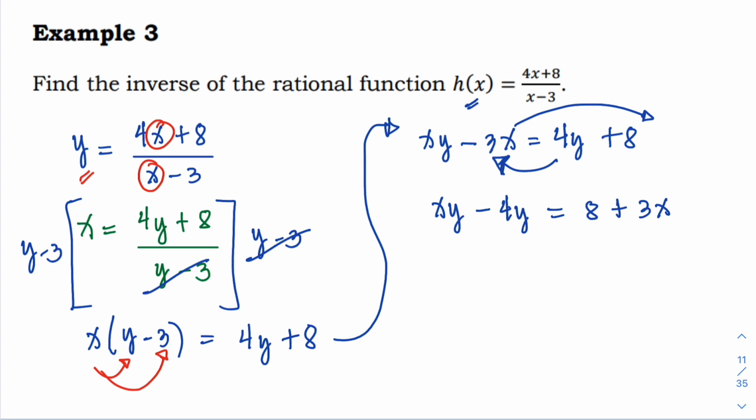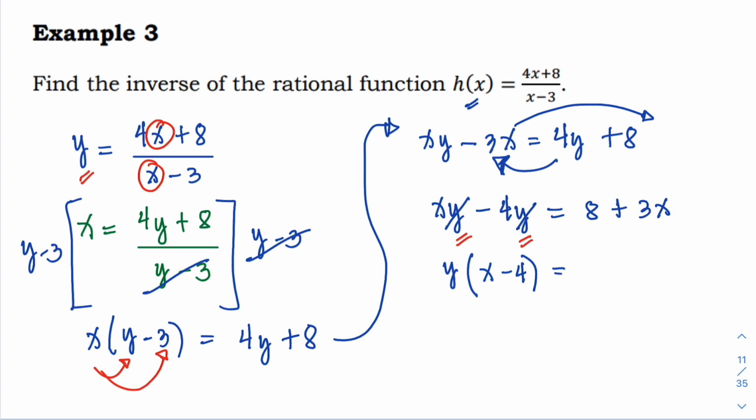So, dito guys, sa may left side natin, meron tayong common monomial, yung ating y. Okay, so ibig sabihin, pwede natin yan i-factor out. So, pag finactor out natin si y, mawawala yung y natin dito. So, ang maiiwan sa loob ng ating factor is x minus 4. Tama?